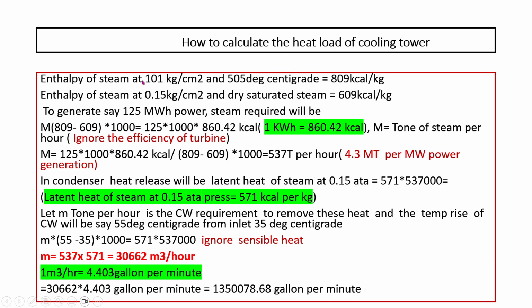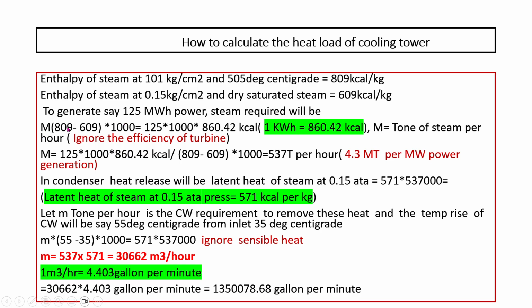Now, the enthalpy of 101 kg per centimeter square, 500 degree centigrade steam is 809. The enthalpy of exhaust steam, at 0.15 kg per centimeter square, dry saturated steam, is 609. It generates 125 megawatt hour power. Suppose M is the tons of steam required per hour to generate 125 megawatts.